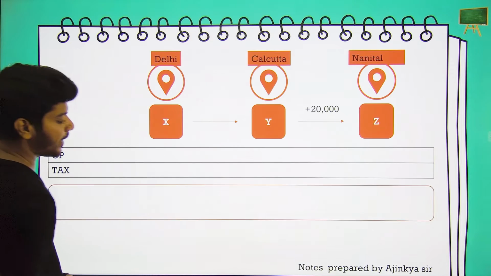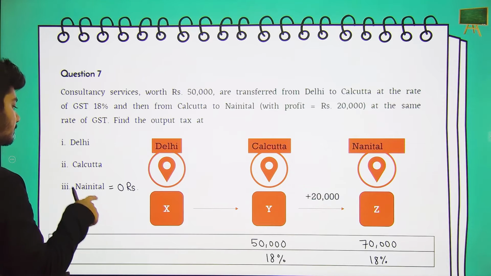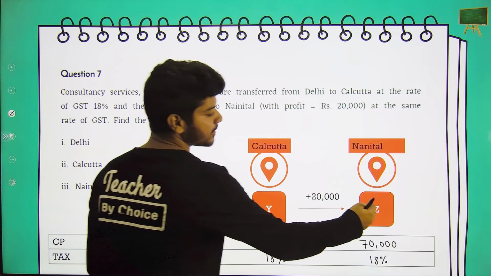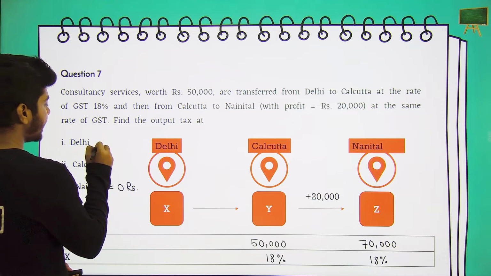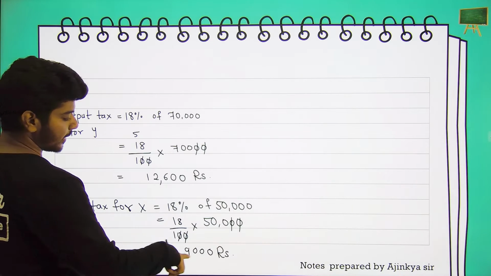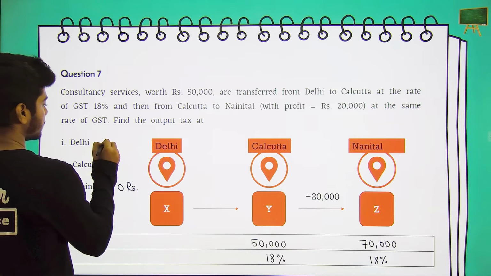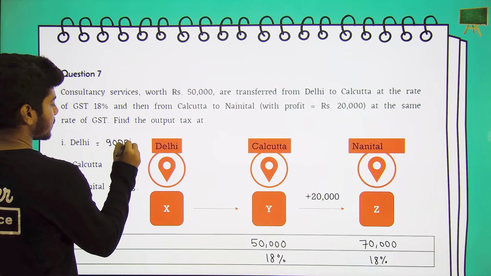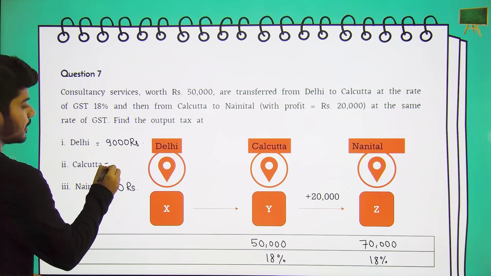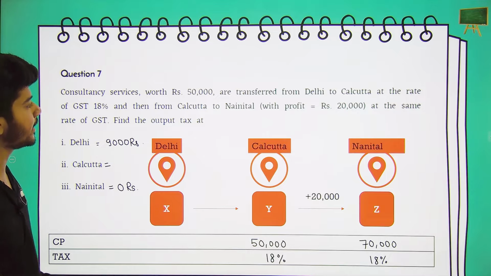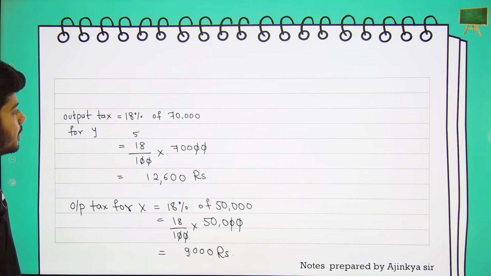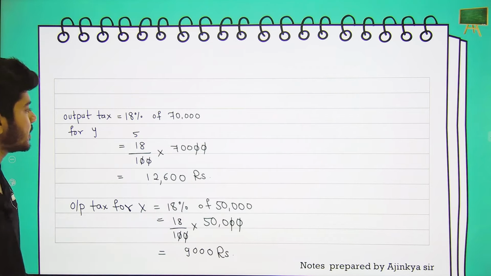So we have already calculated. See, this is 0. Why 0? Because the goods and services are not sold further. Delhi's came to how much? I guess 9,000. Just calculated, this is 9,000. And for Calcutta, output tax is 18% of 70,000, which is equal to 12,600.